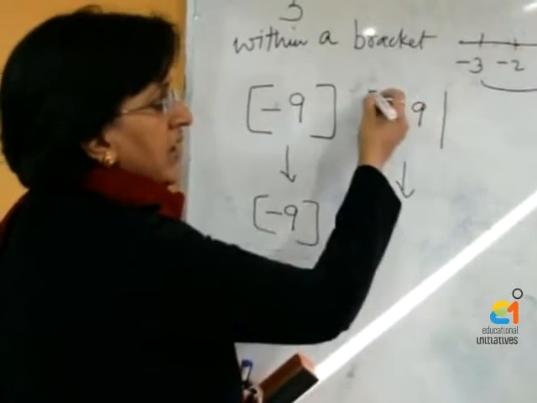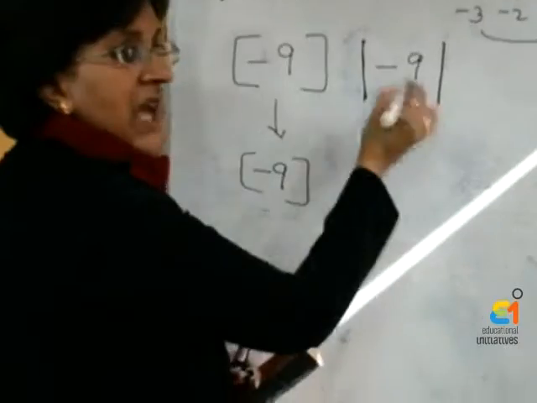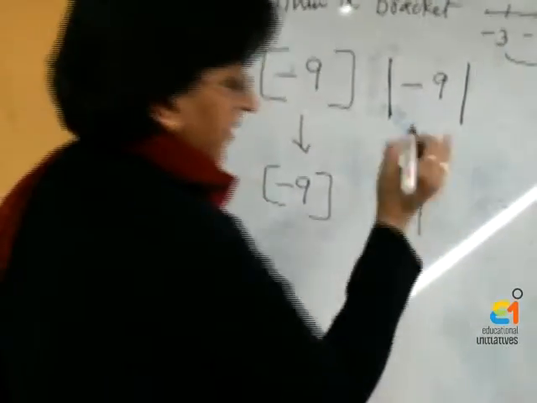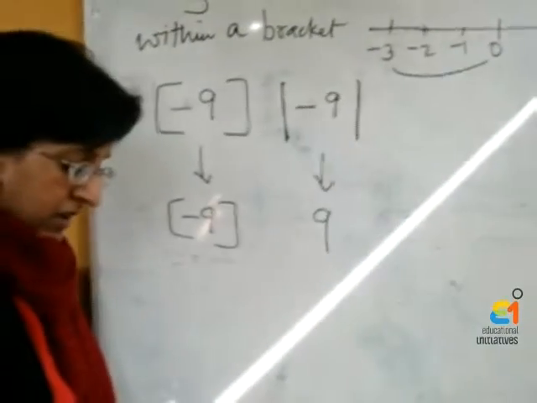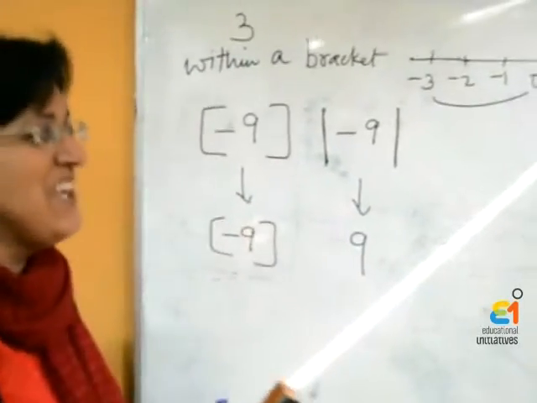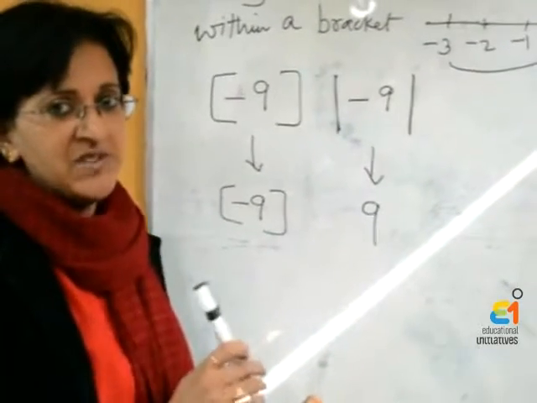We have the -9 written within the modulus sign means the absolute value of -9, which is 9. So this would be, hopefully, a very easy and effective way of explaining the modulus sign to the students. Thank you.